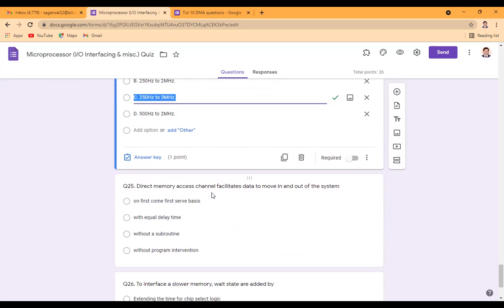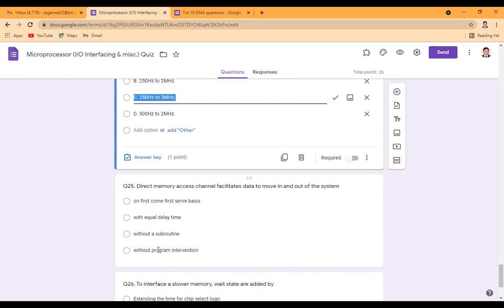Direct memory access channel facilitates data to move in and out of the system. On which basis? Either first come first serve basis, or equal delay time, or with a subroutine, or without a program intervention.